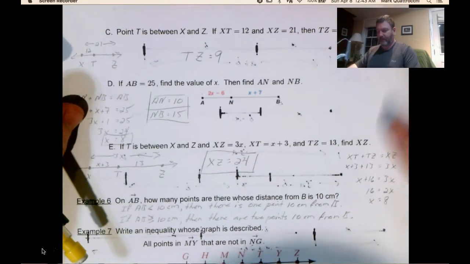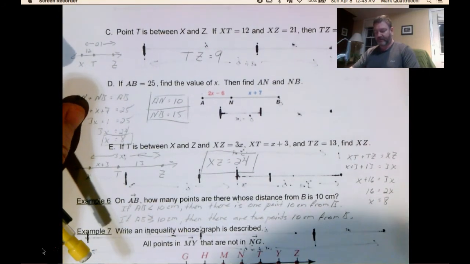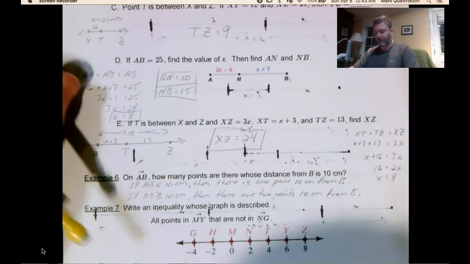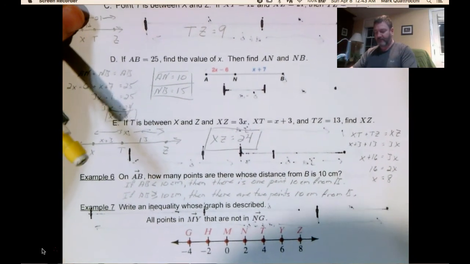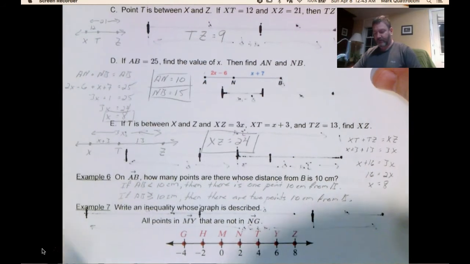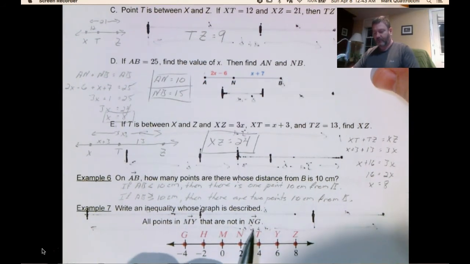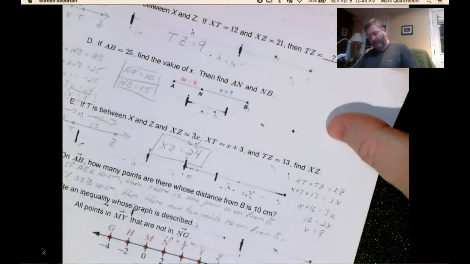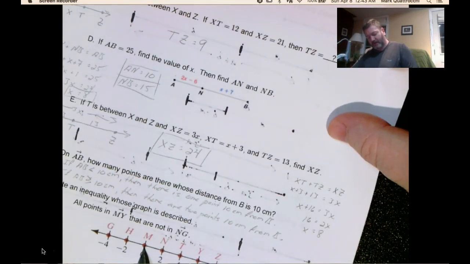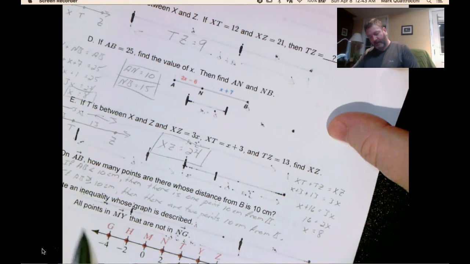So, we have one last question here, example 7. Write an inequality whose graph is described. All points on ray MY that are not on ray NG. Well, ray MY starts here and goes to the right. Ray NG starts here and goes to the left.